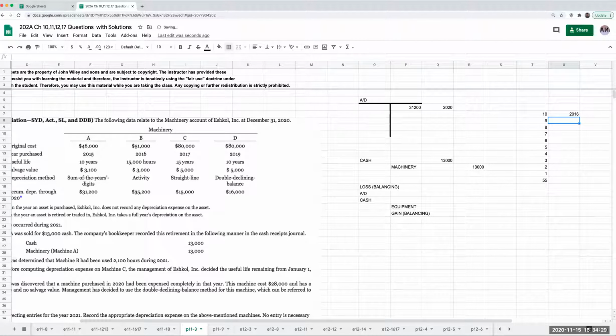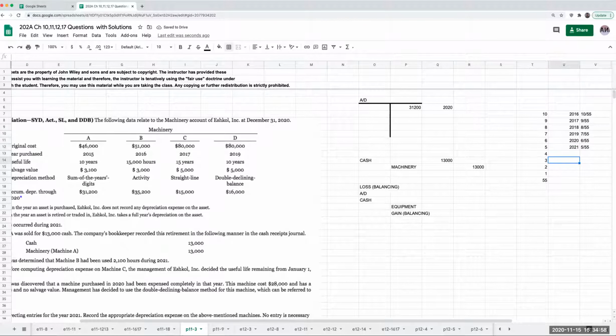So in 2016, I would do 10 out of 55. 2017 would be 9 out of 55. 2018, 8 out of 55. 2019, 7 out of 55. 2020 would be 6 out of 55. And for 2021, this would be 5 out of 55. And that's where the book is getting this number.